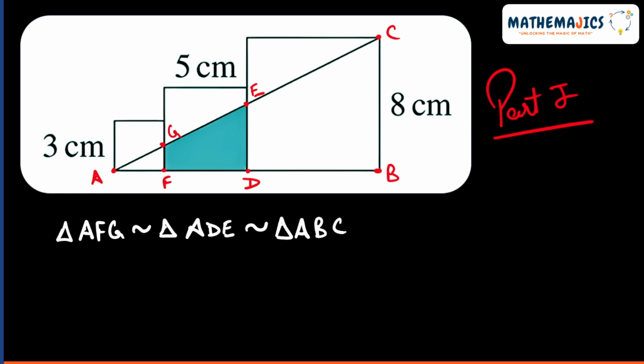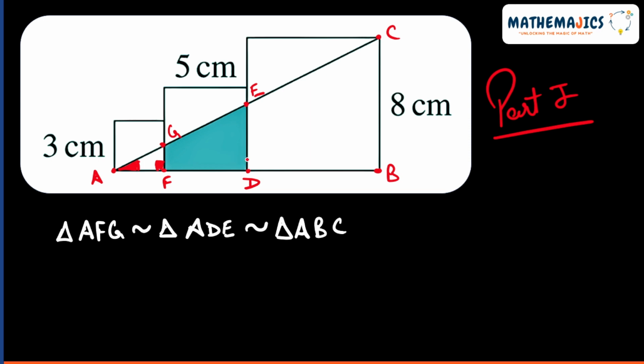First of all, why are these three triangles similar to each other? Let's see. Can you see this angle A? This angle A is common to all three triangles. Apart from this, please look at this angle.